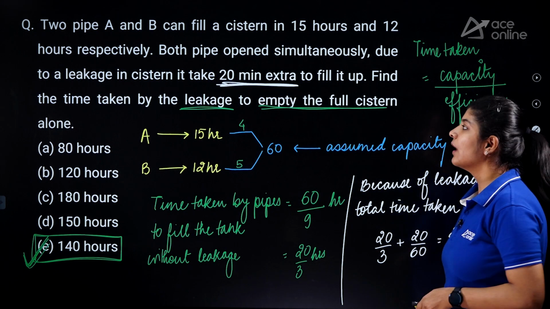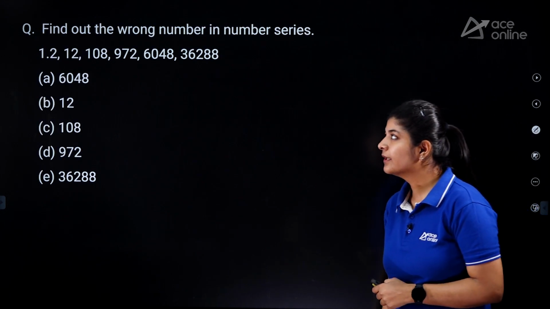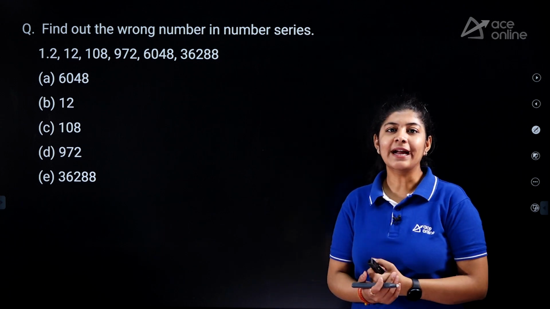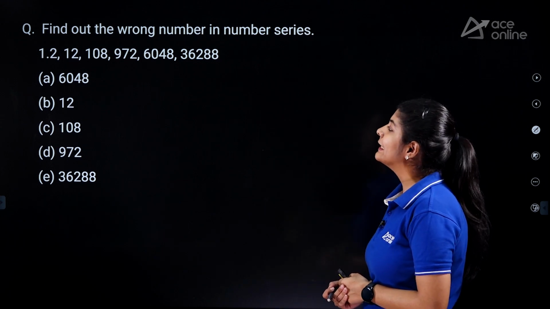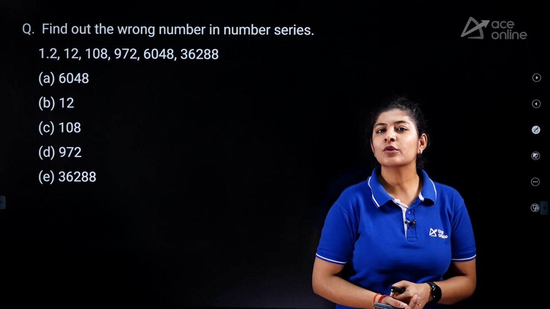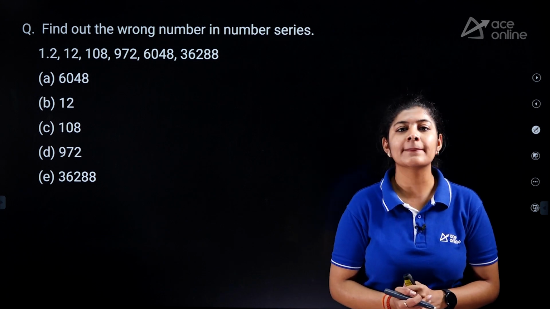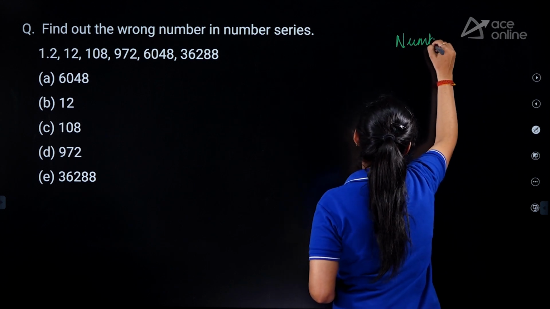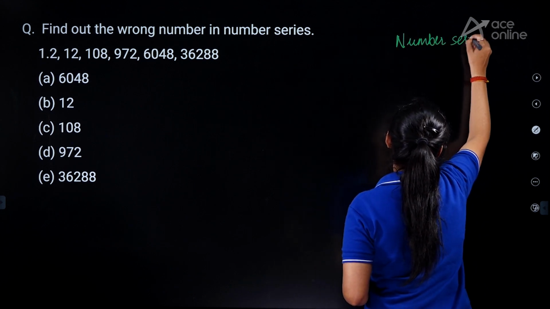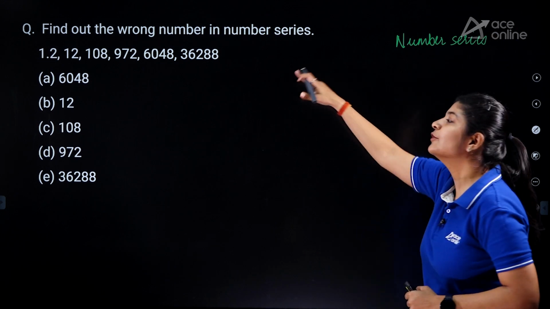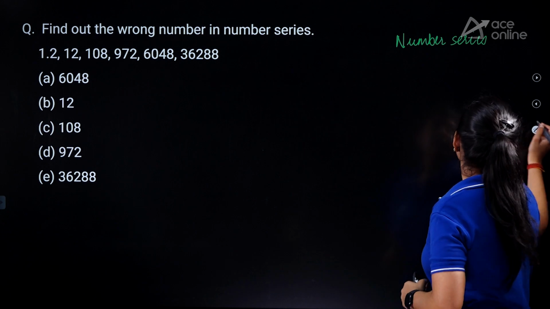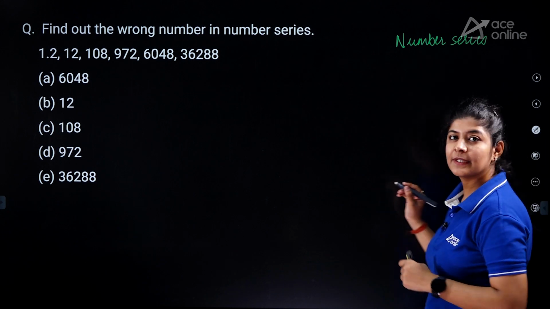Clear? Okay. The next one. The next question says that find out the wrong number in the number series. We know that we have two types of number series. While I am writing all these things, you have to focus on this particular question and find out the answer, right? We have two types of number series.